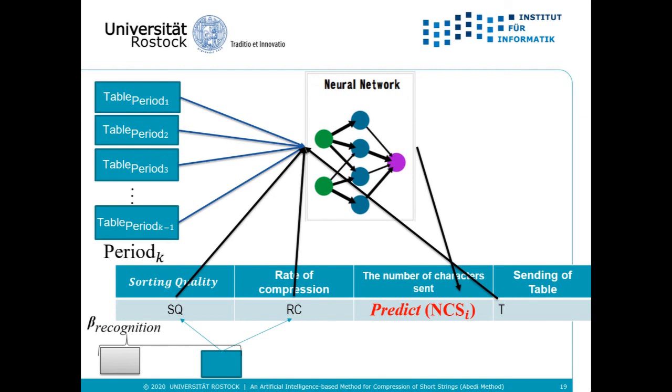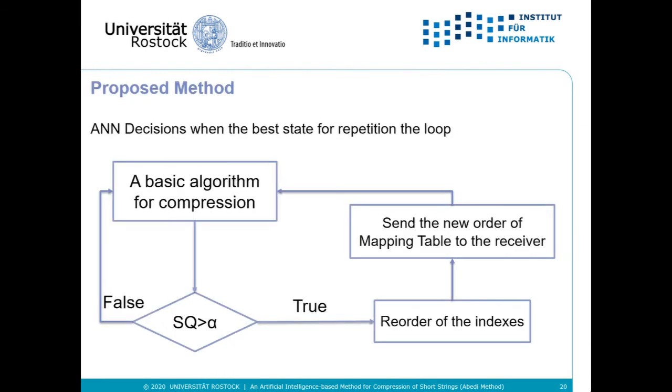If the current sorting quality was better, then we update it in the neural network to improve its performance for future predictions. And we recommend using online training methods for this process in future works. Indeed, we proposed utilization of the neural networks to find out when it's suitable to check this if condition in this process.